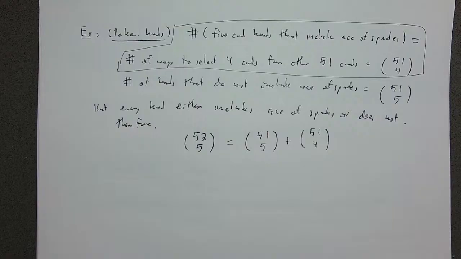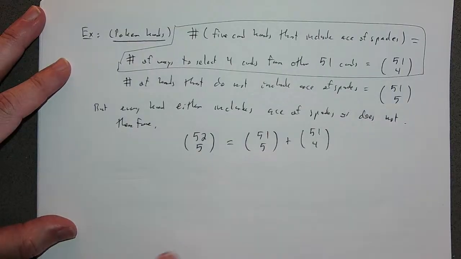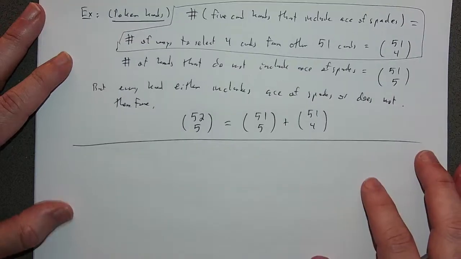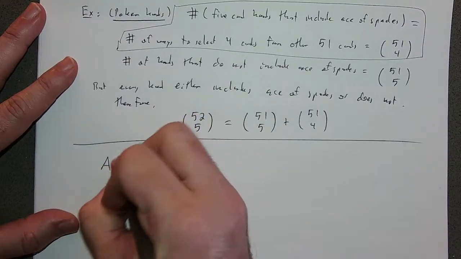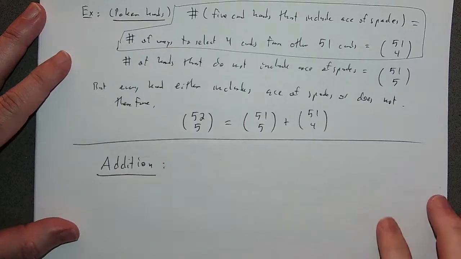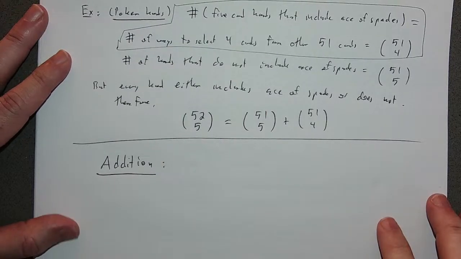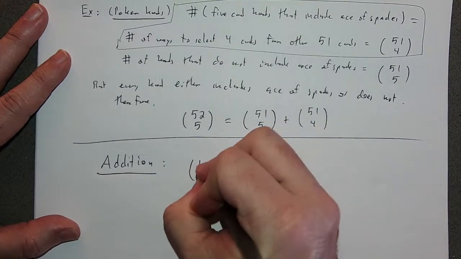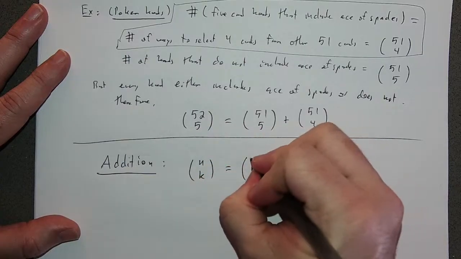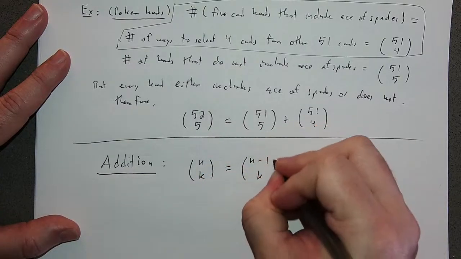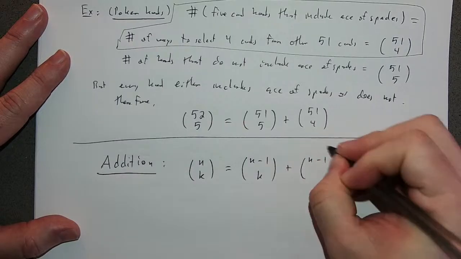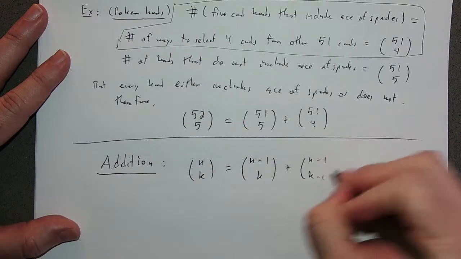What we have just shown in a specific case is the following. This is known as the addition formula: n choose k is the same as n minus 1 choose k plus n minus 1 choose k minus 1.